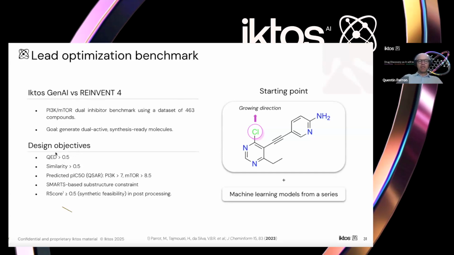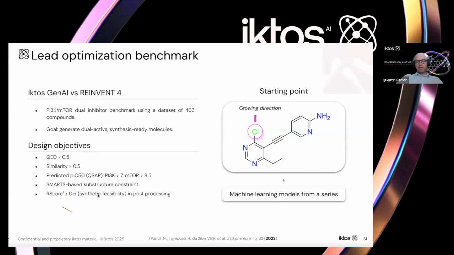So the design objectives were QED, which is drug likeness. Then we wanted to have a Tanimoto similarity higher than 0.5. We wanted to have a good PI3K mTOR prediction using QSAR model again. We wanted to maintain this part here as a scaffold.